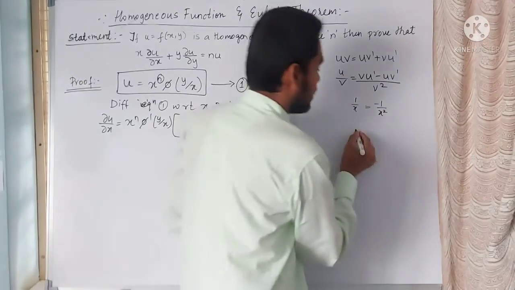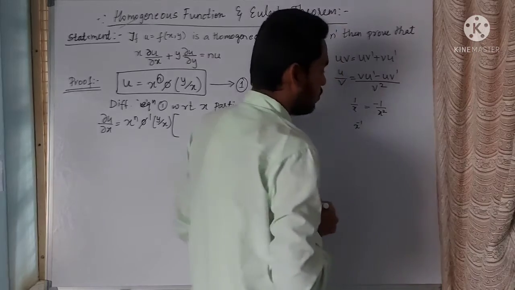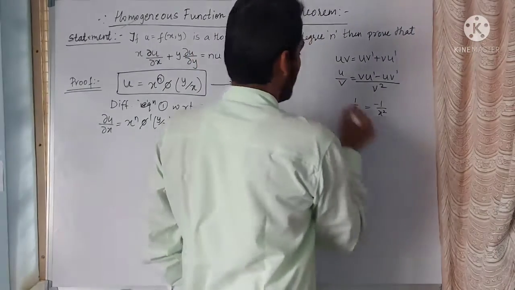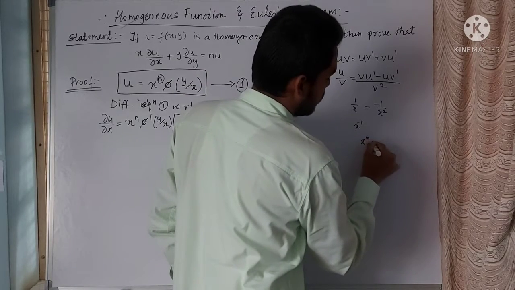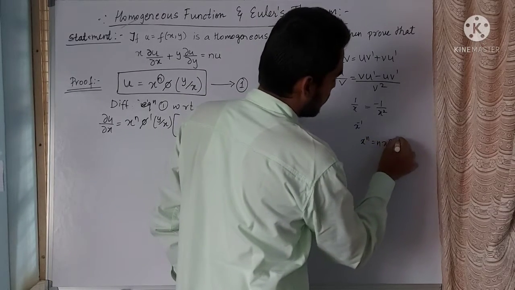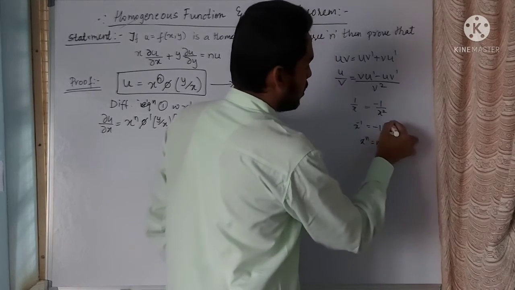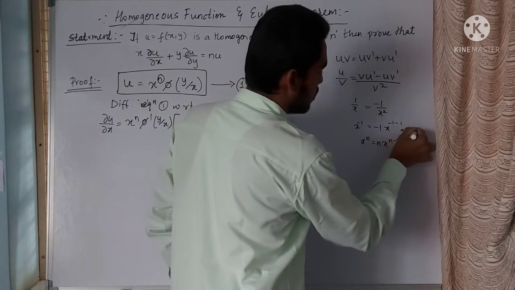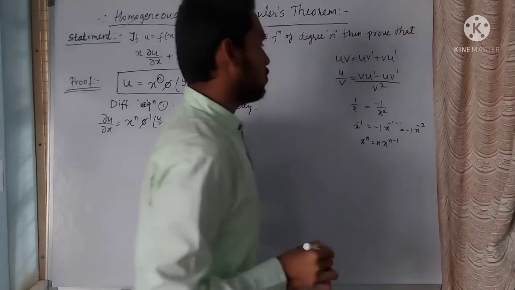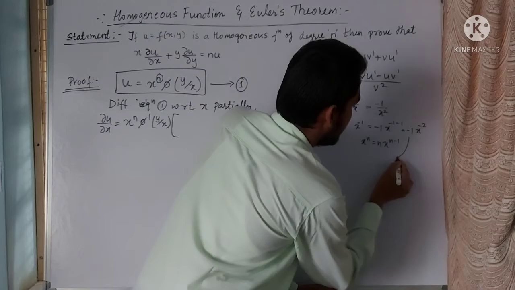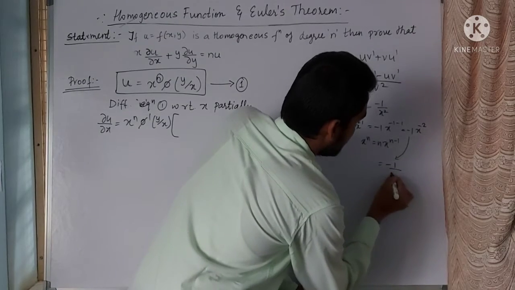How? If I take x raised to n, with x above in the numerator, it becomes x raised to minus 1. So we can use the formula d(x raised to n) is equal to n x raised to n minus 1 here. So n is minus 1, and x raised to minus 1 becomes minus 1 x raised to minus 2. This is how we get minus 1 by x square.